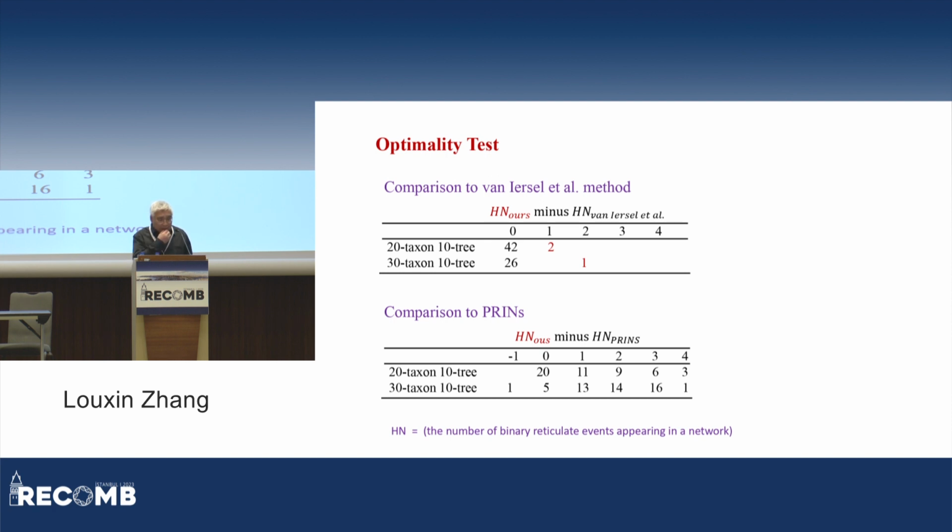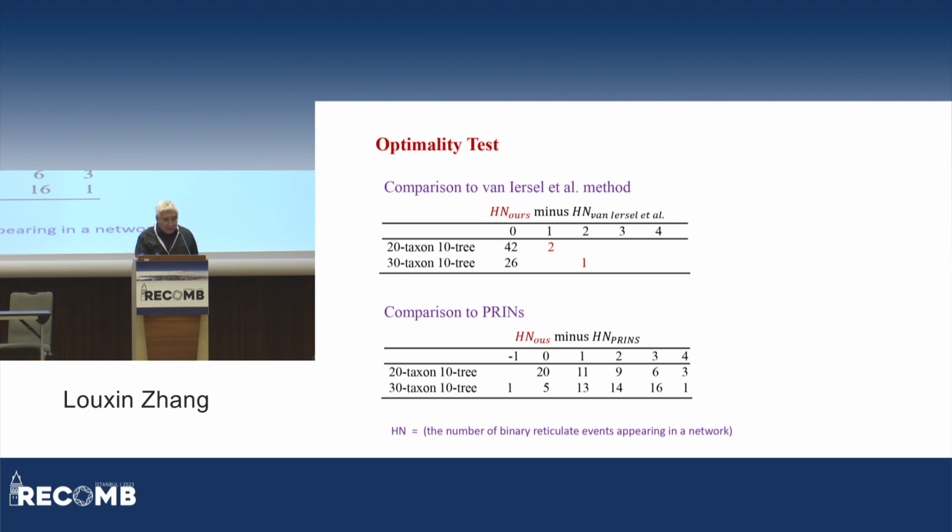Then we also did some optimality tests. Van Iersel et al.'s method also outputs a tree-child network. You can see our method outputs almost the same size tree-child network, except for two data sets. For these two data sets, the network output by our method is just one node worse.